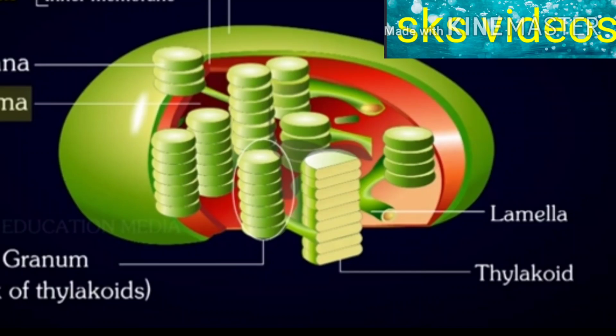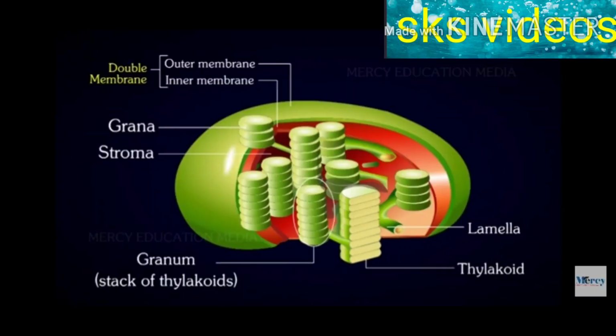You must know here that grana are nothing but the thylakoid flattened disc-like structures. Grana are interconnected by branching membranes. Those membranous tubules are called frets, or else you can call them stroma lamellae.